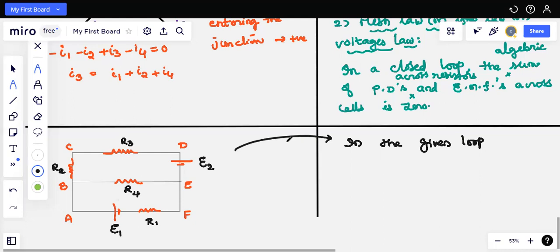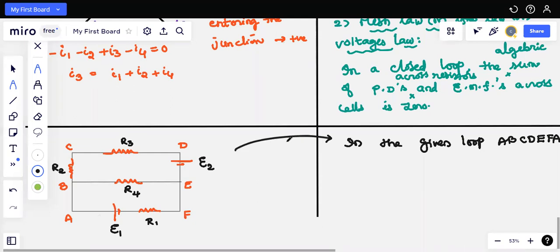So out of the three loops, I am selecting two loops to apply Kirchhoff's second law, the algebraic sum of PDs. First I am taking the big loop, which is A, B, C, D, E, F, and A. The big loop I am seeing.